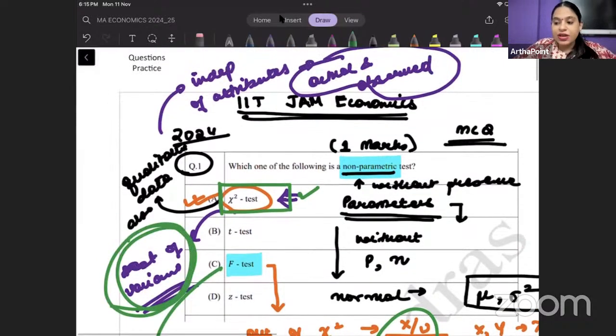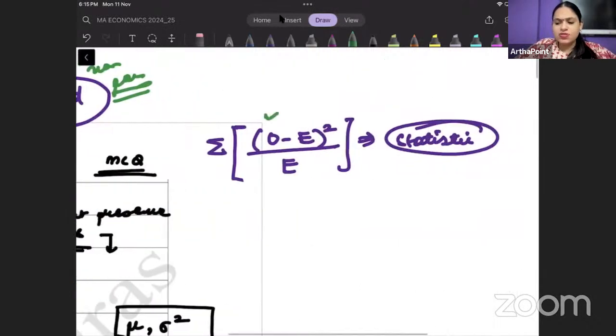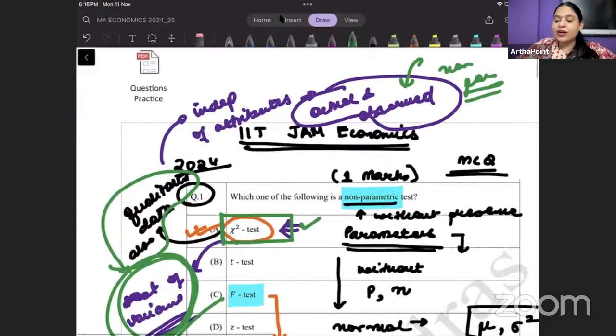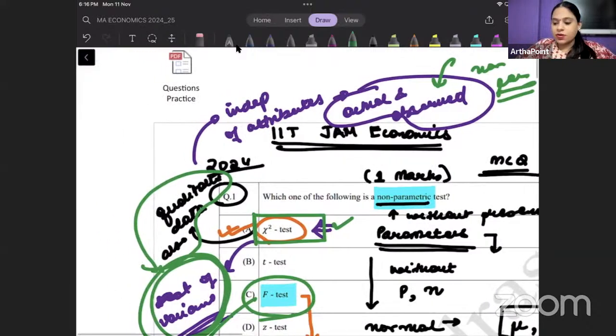But this part, where we compare actual and observed values, where we are able to do a qualitative data test, that is a non-parametric test. There is no parameter involved. Observed and expected values ही तो है. No variance, no mean, no P, no Q value, nothing like that is involved, right? So F just had one application. But chi-square had those qualitative data applications also. That is why only chi-square. Okay. Be very, very clear with this concept.